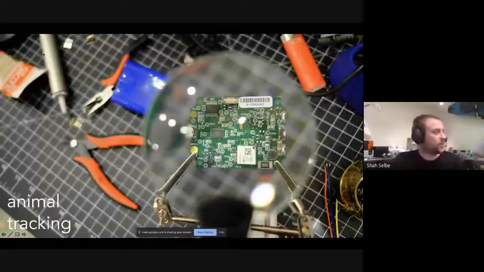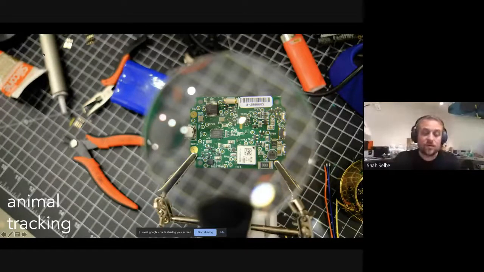So some of the things we work on at Conservify, we do some work around animal tracking. Animal tracking is an important part of ecologists understanding the movement of animals and where to put protected areas. But up until very recently, these animal tags were very expensive, costing thousands of dollars.